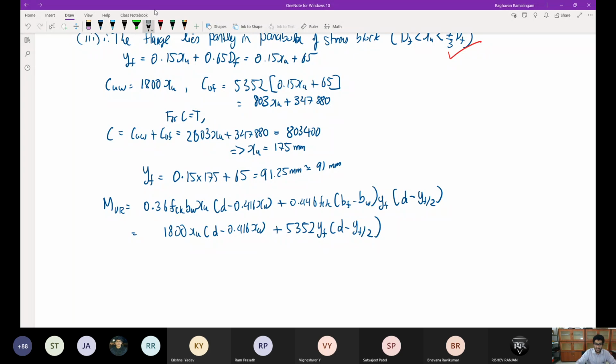This 1800, I hope you remember, is the CUW value, and this is the CUF expression. XU is again 175, YF we found 91, D is 520, and of course this will be 91 by 2. So you can give me what moment you get.